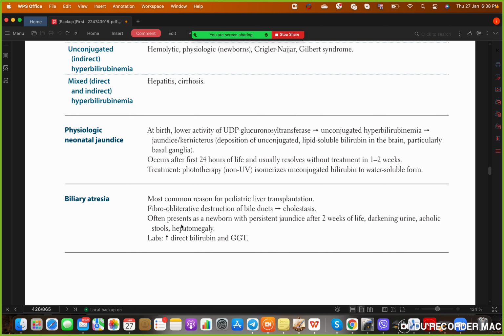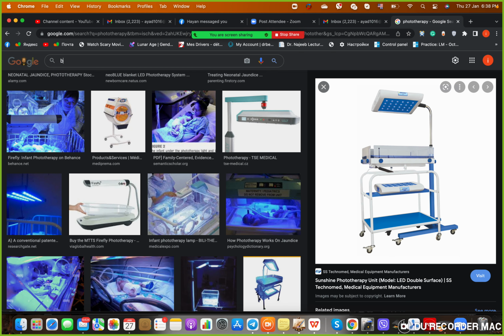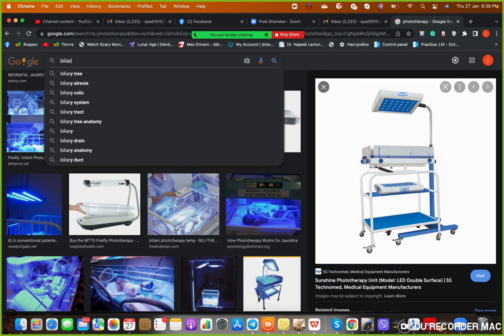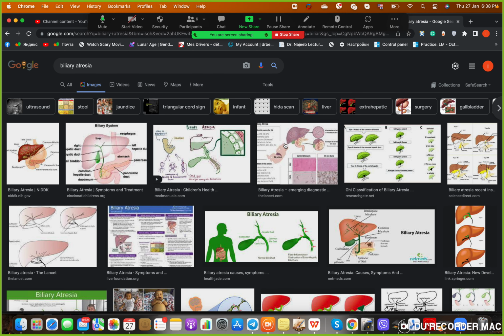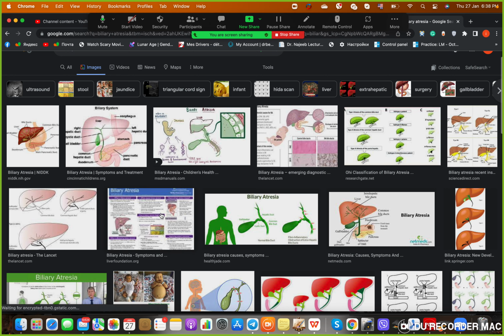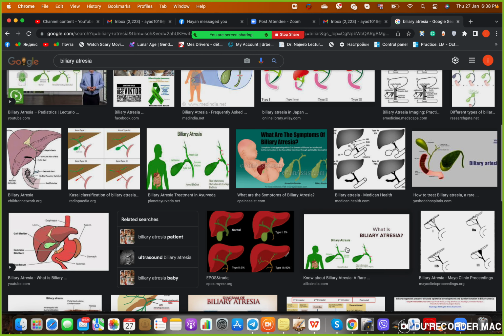Biliary atresia is the most common reason for pediatric liver transplantation. So what is the idea of biliary atresia? The biliary tract is suddenly shut, it's sealed, there is nothing. So that's quite serious because it can lead to really bad cirrhosis of the liver. Let's take a look at it from another region.